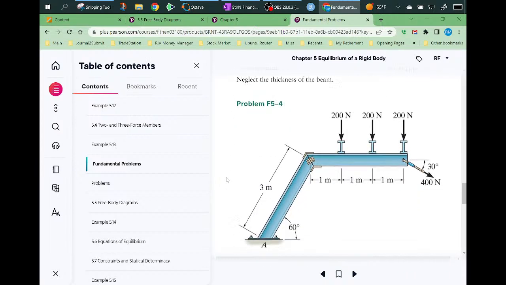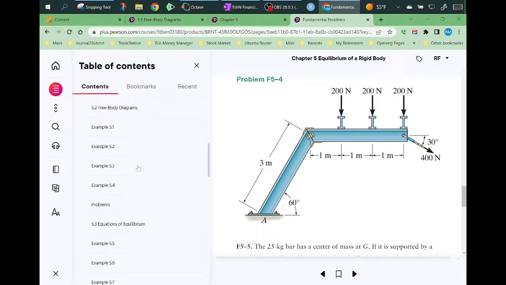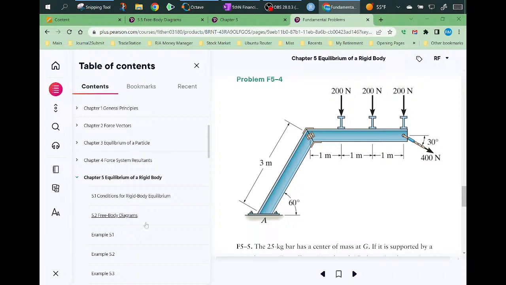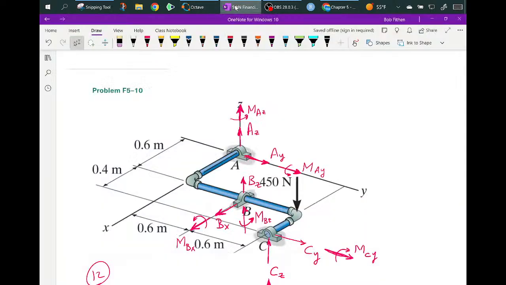What? Okay. Where? Okay. Where was I? F5-10.